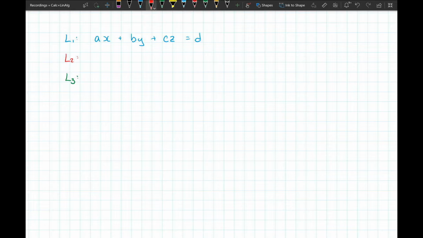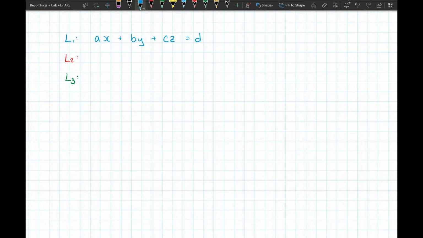This is still linear because each individual term is a degree of 1. There is no x squared or y cubed or square roots of z, nothing else with other kinds of powers or trigonometric functions, exponentials, or logarithms. So let's then go ahead and make another linear equation and call it L2. And at this point in time, we're going to start running out of letters in the alphabet.